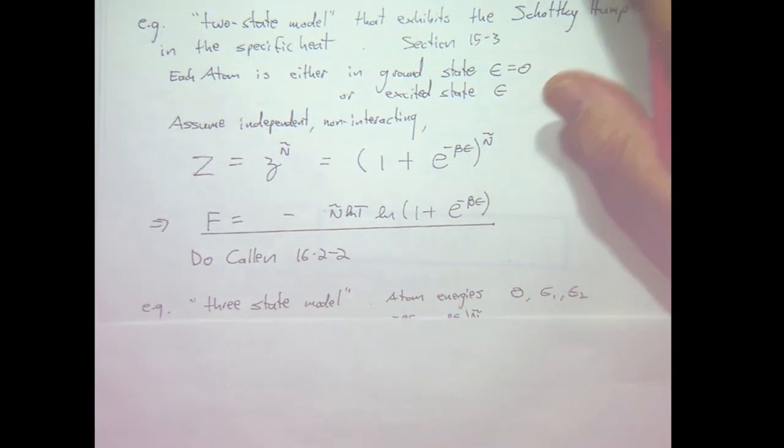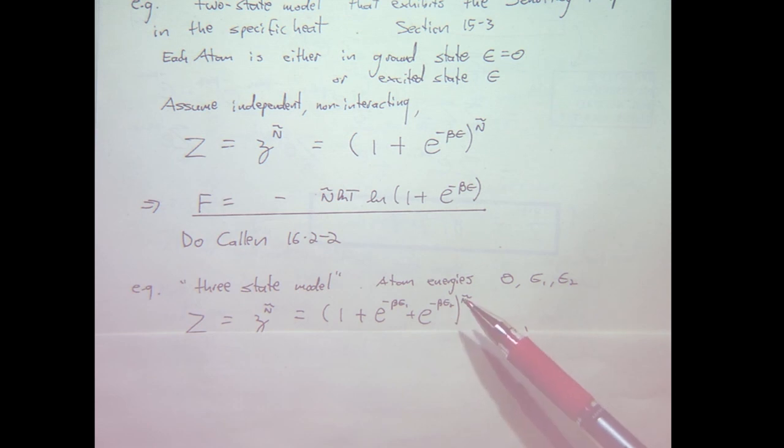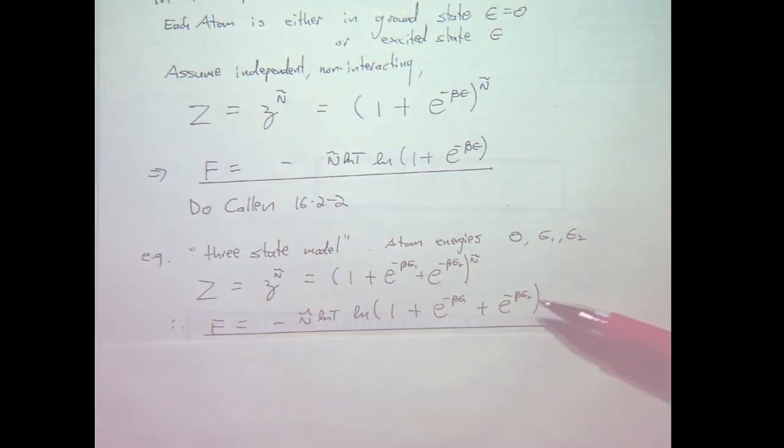And the other thing is that it's extremely simple to generalize the model. For example, what if you have a three-state system? You just have 0, E1, E2. Then instead of a sum of two terms to the power of N, you've got a sum of three terms, and the free energy you can immediately write down.